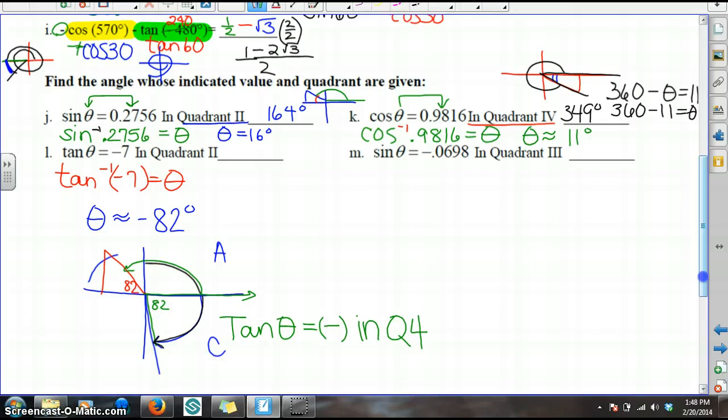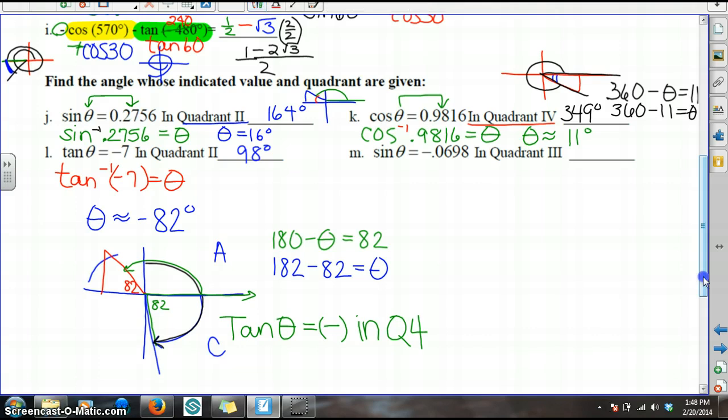My rule for references in the second quadrant is to take 180 minus the given angle to get my reference. Algebraically solving for the given angle means to add theta to both sides and subtract 82 from both sides. And that tells me that my given angle was actually a 98.